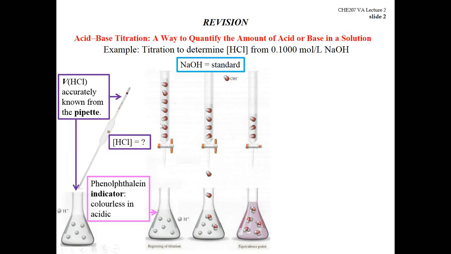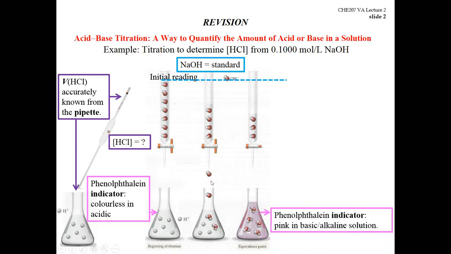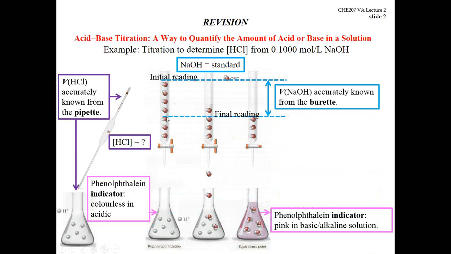Then we fill the burette with standard solution. We take the initial reading of the burette. We start the titration until the color of the solution in the conical flask turns pink. And we stop the titration. We take the final reading.